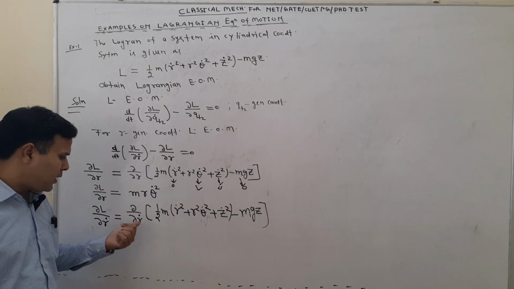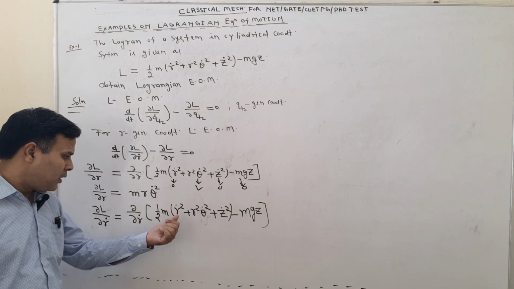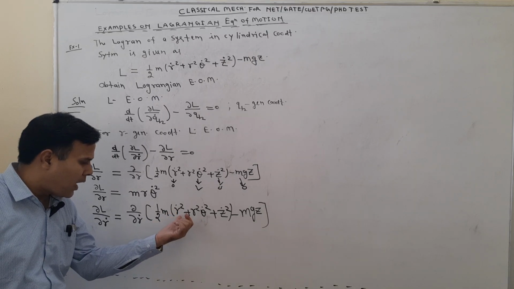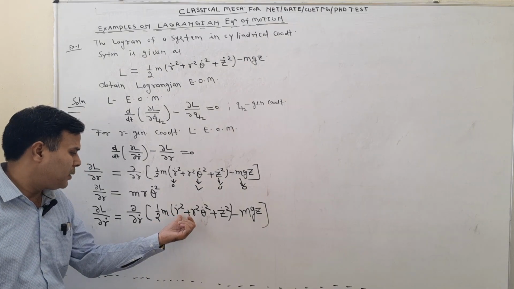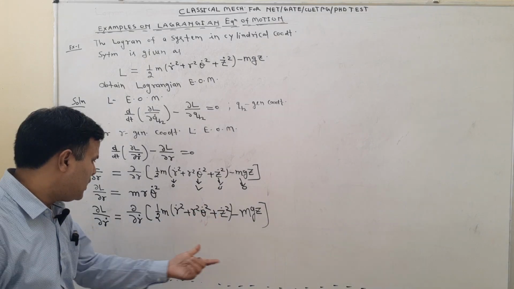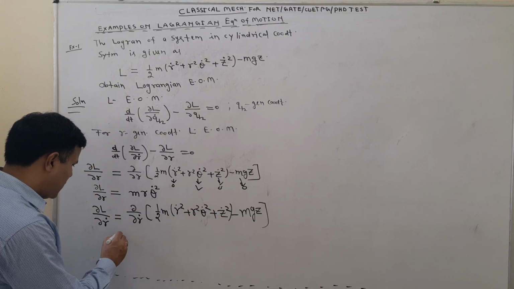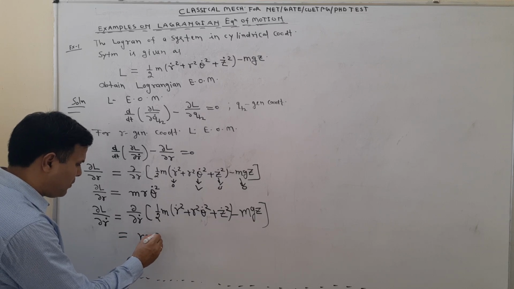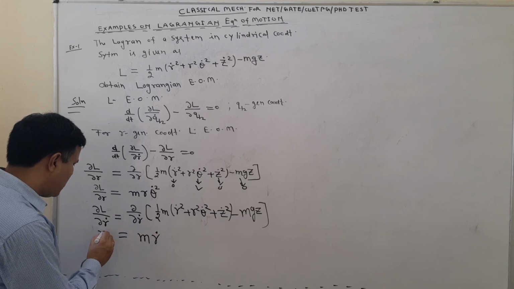Again differentiating partially with respect to r dot, we have only one term in the Lagrangian, that is r dot square. So if we differentiate, it will give us twice r dot and the rest will be 0. The 2 will cancel out, and we have simply m r dot.